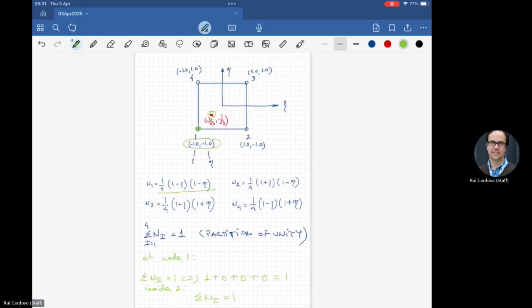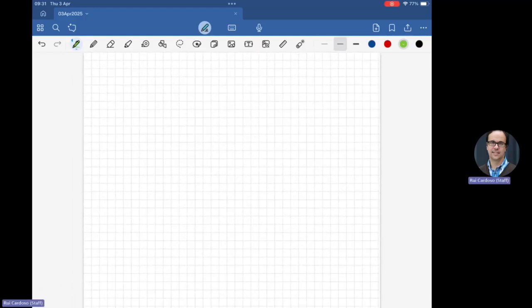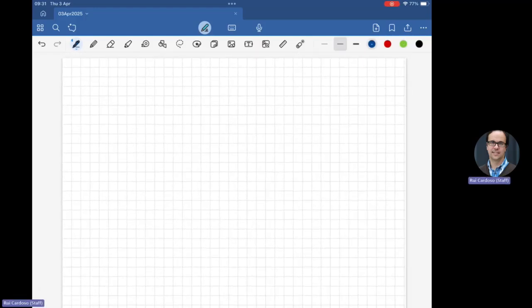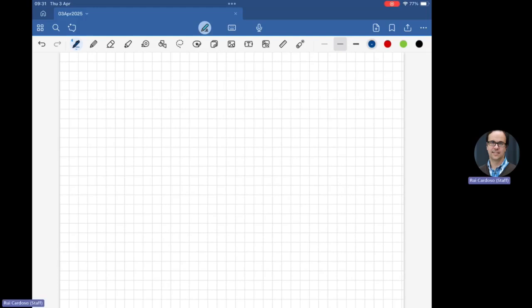Okay, so let's do one thing now. I can say that an increment in my x coordinate, I can obtain by the chain rule: an increment in x when I change my xi parametric coordinate, times dxi, and I do the same in the eta direction, right?